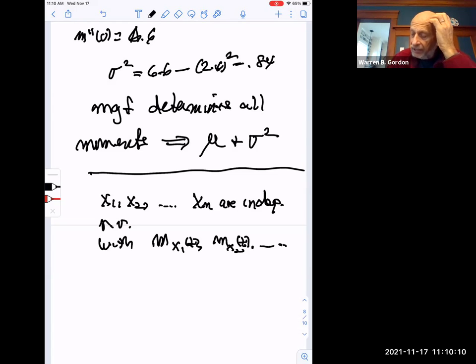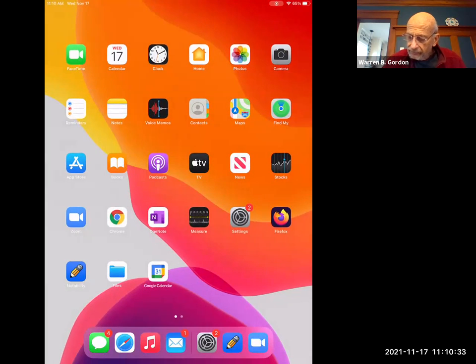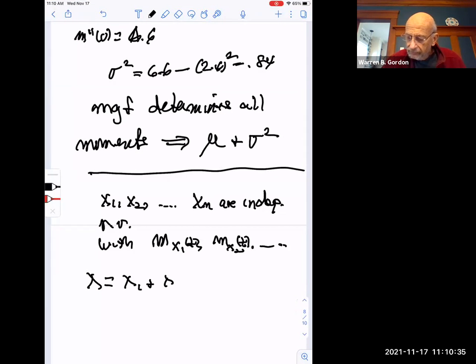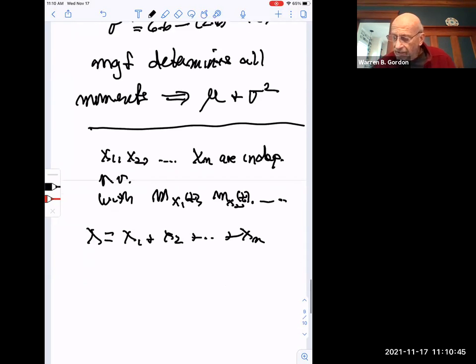So each of these n random variables, which are independent, has its own moment generating function. Let capital X be the sum of all these random variables.